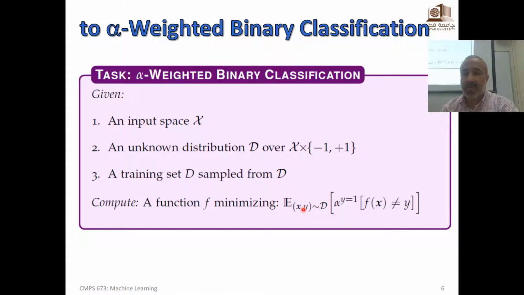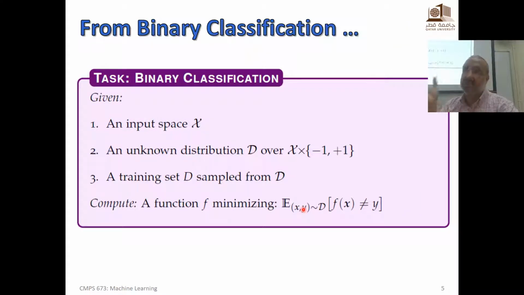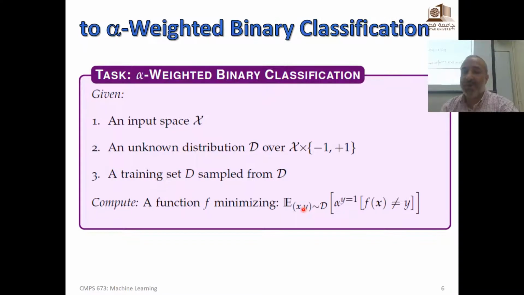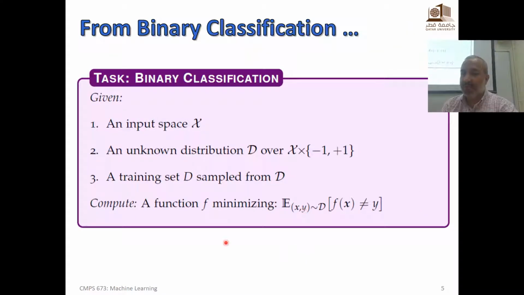Now, this is the general binary classification problem, but when we have imbalanced data or an imbalanced distribution, we would like to treat the classes differently. In the previous slide, any error, whether on a positive example or on a negative example, was treated equally.